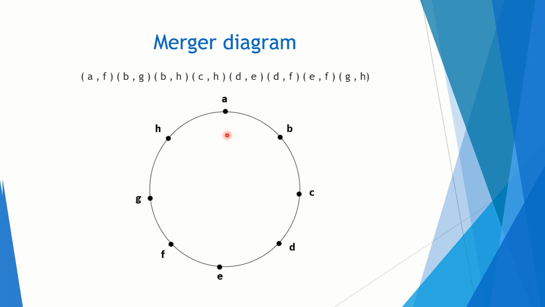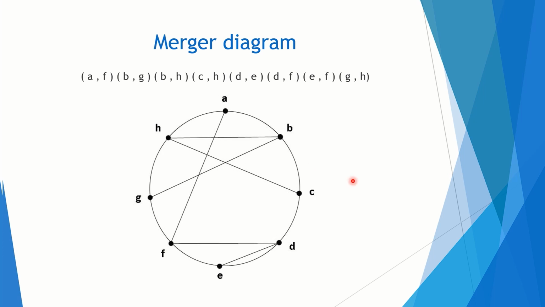So first AF. So you got the line here, and finally we'll find the maximum number of sides of a polygon, which will be the reduced state. Which is AF, then BG, BH, CH, DE, DF, EF and GH.